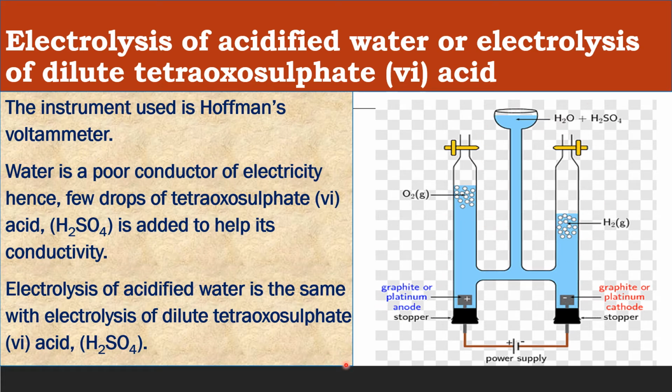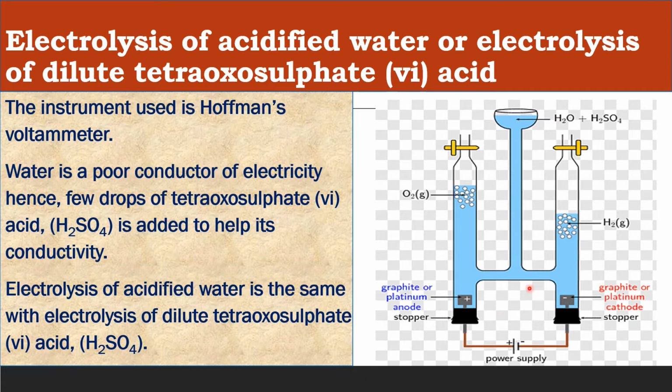So water is a poor conductor, and then few drops of tetraoxosulphate(VI) acid will be added to the water to improve its conductivity. So that's why it can be referred to as electrolysis of dilute tetraoxosulphate(VI) acid or electrolysis of acidified water, not just ordinary water. If you call it either, you are saying the same thing.